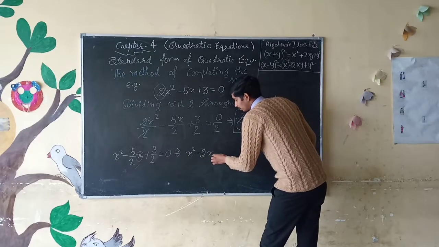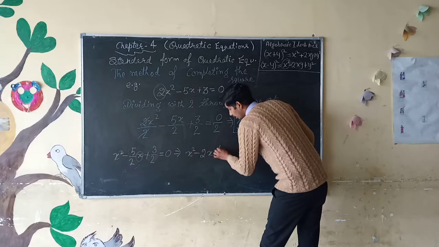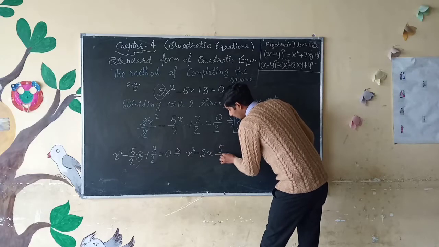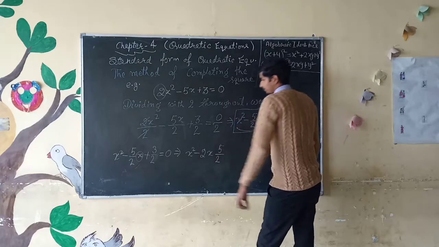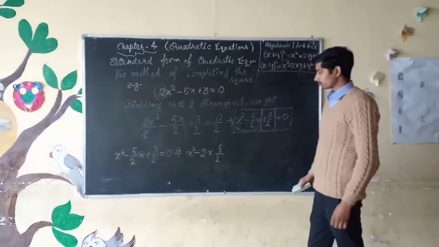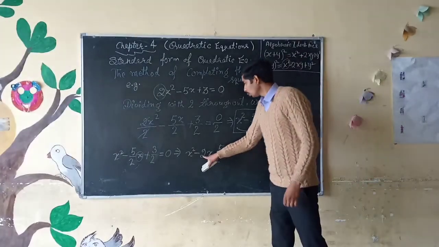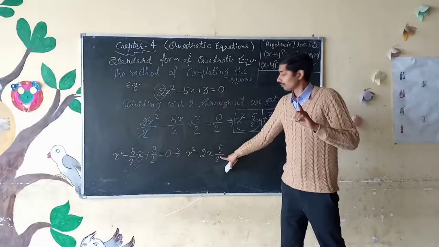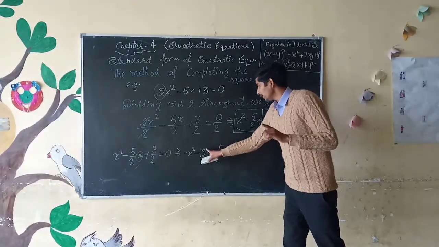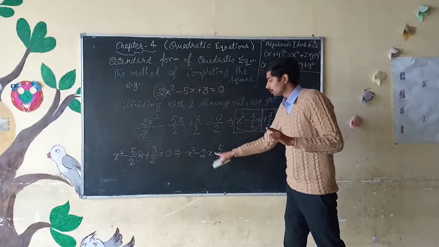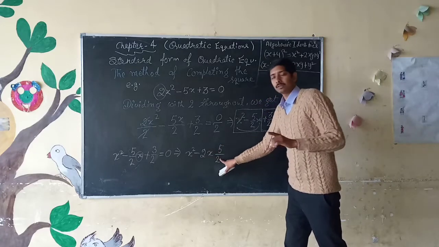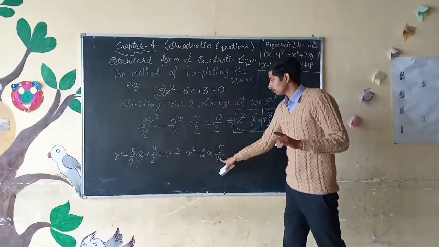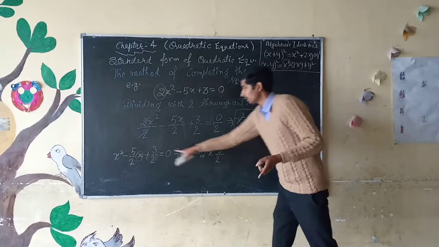So what will happen? Here 5 upon 2. Is it clear? 2xy. Now think one thing. If we write this like this, then 2 divides 2 and we get 5x only.